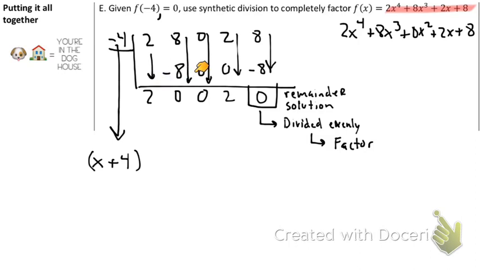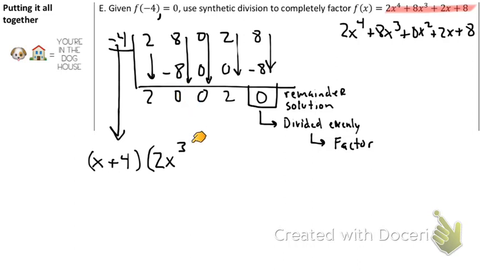We rewrite it with 1 less power. Our original power was 4, so 2x^4 is rewritten as 2x^3, because we divided by an x, so we always go 1 less power.